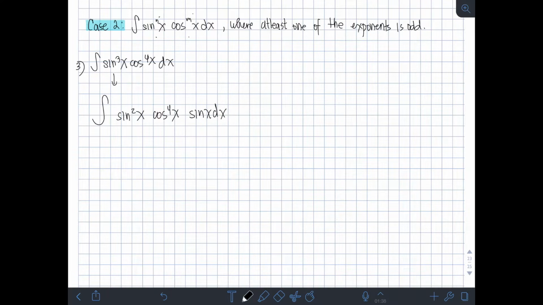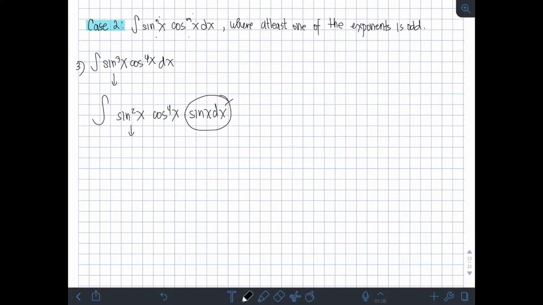So, apply ngayon natin yung case natin doon sa examples 1 at 2. So, itatransform natin itong sine squared x in terms of cosine using Pythagorean relation. Para, kapag distribute natin itong sine x dx, meron tayong maliliet na cosine. Right? Kasi derivative ng cosine is sine x dx.